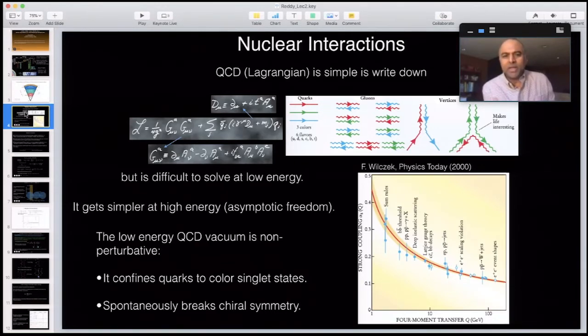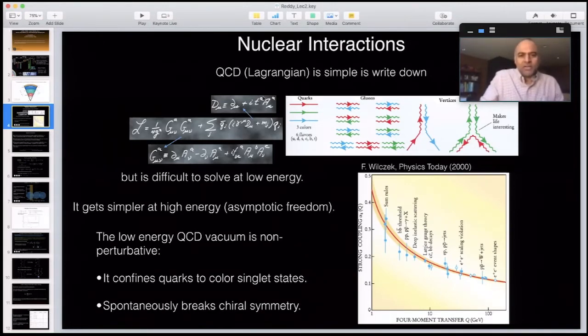And unlike electrodynamics, this is a non-abelian theory, which means that there is more than one type of exchange particle. And these gluons come in several colors. The quarks have these charges called colors, and they come in 6 flavors and 3 colors, as indicated by the diagram there. And there are very interesting vertices between the quarks and the gluons that are all very simply described by this covariant derivative, which is shown here.